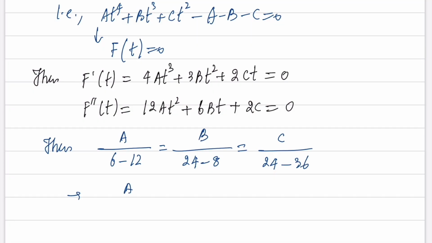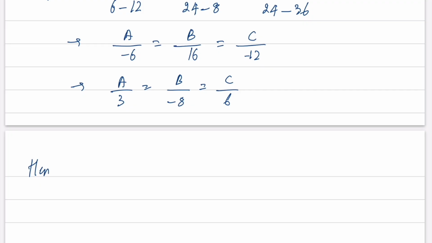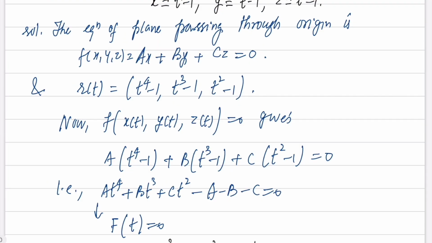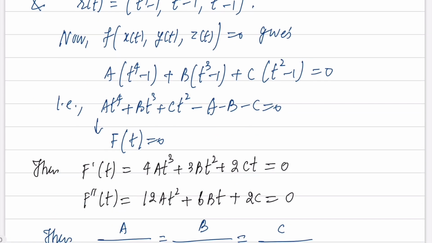So this gives a divided by minus 6, b divided by 16, and c divided by minus 12, or we can write this as a by 3, b by minus 8, and c by 6, dividing each by 2. So hence the plane is 3x minus 8y plus 6z is equal to 0. This is the required plane that has a 3-point contact with the curve given by this parametric equation.